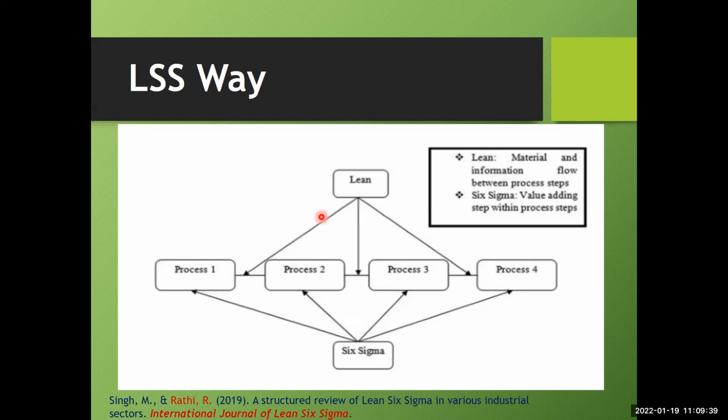Lean works in between the processes, how to remove the non value added activities that sit in between the value added activities. So Lean purely works on removing the roadblocks of non value added activities. This is how a Lean Six Sigma way can be used.